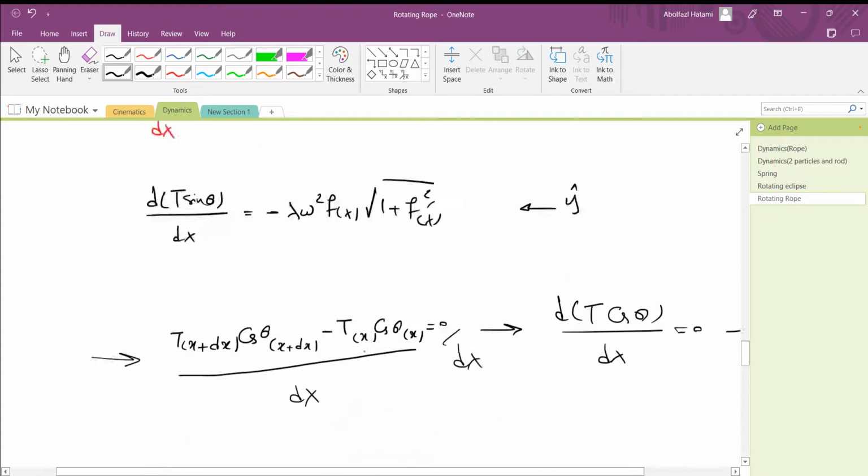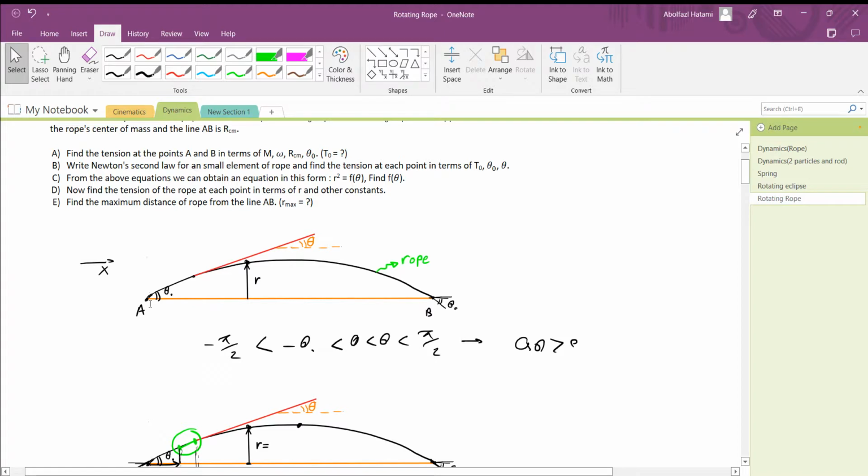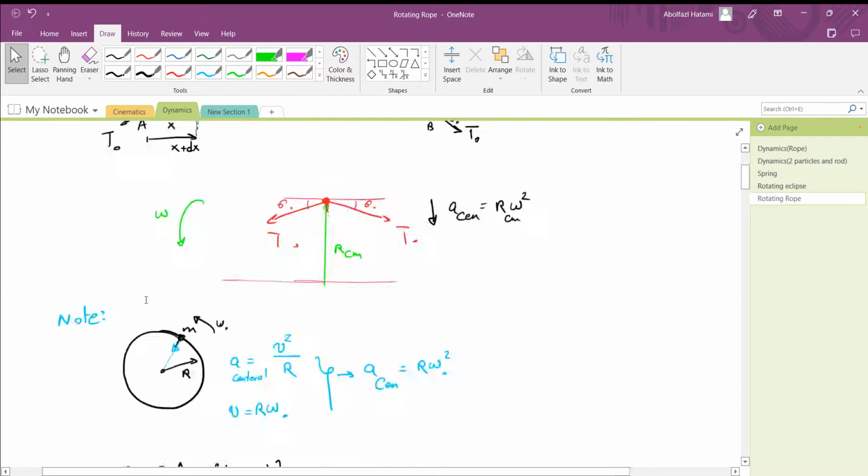As you can see here, when our theta is equal to theta 0, our r is 0. Actually the distance between this point of the rope and the line AB is 0.